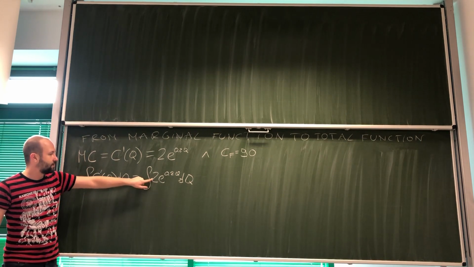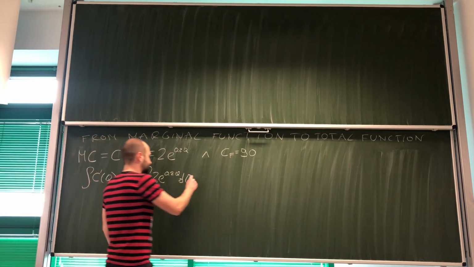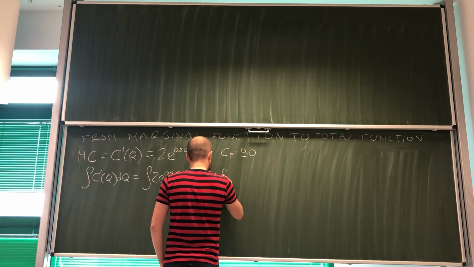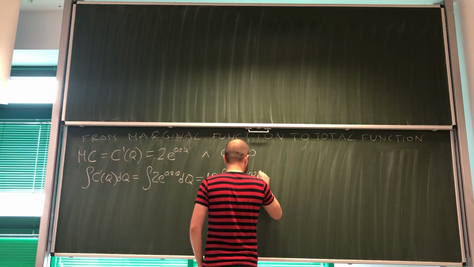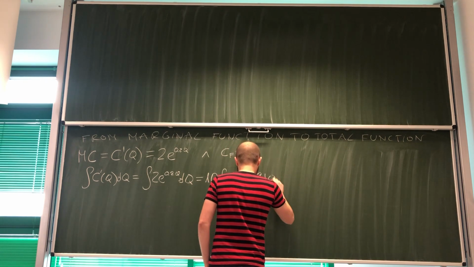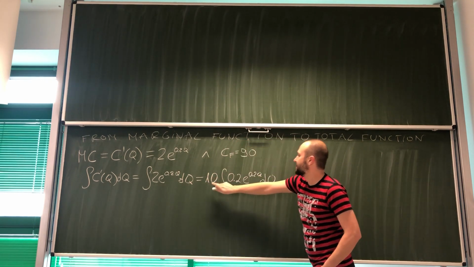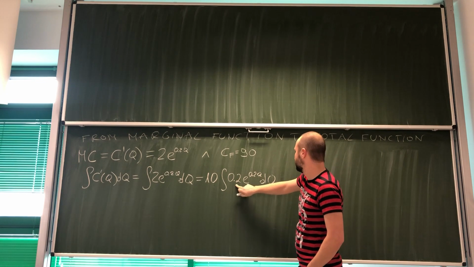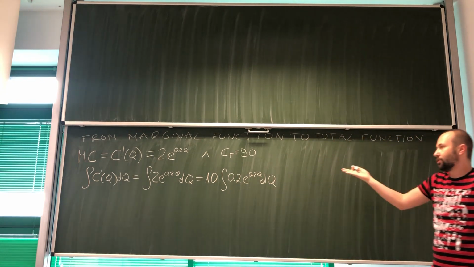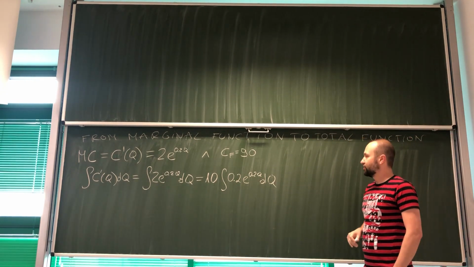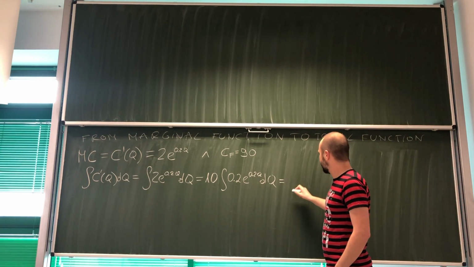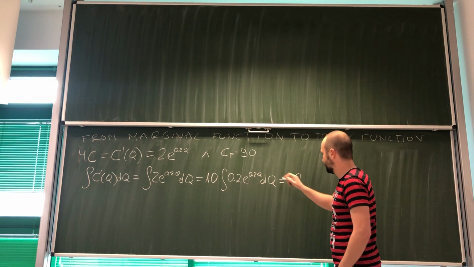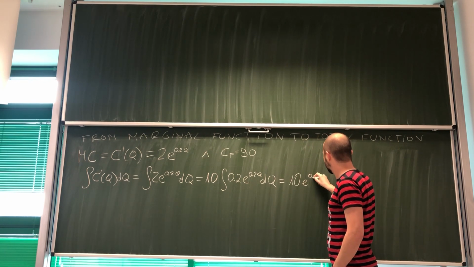I need to just take out 10, because 10 times 0.2 is 2. So everything checks out.